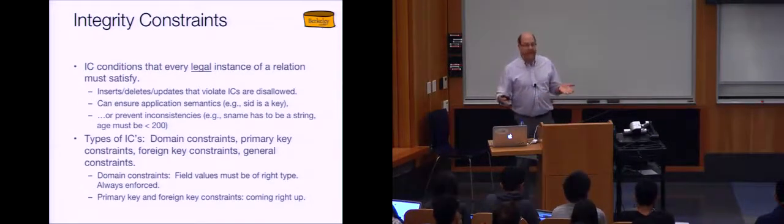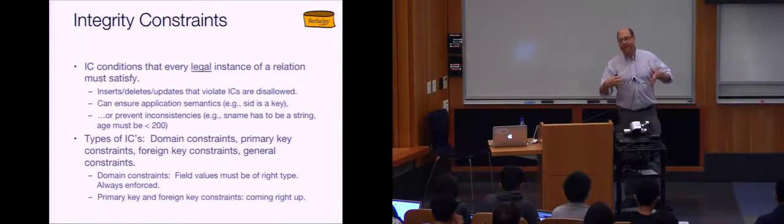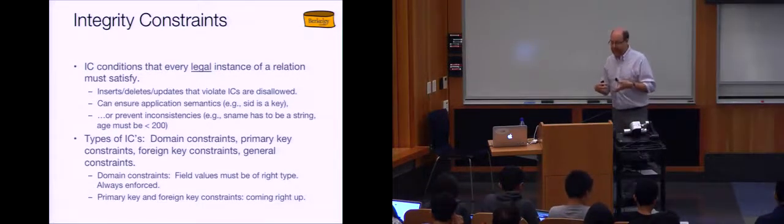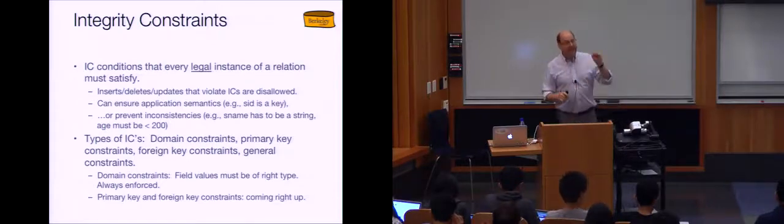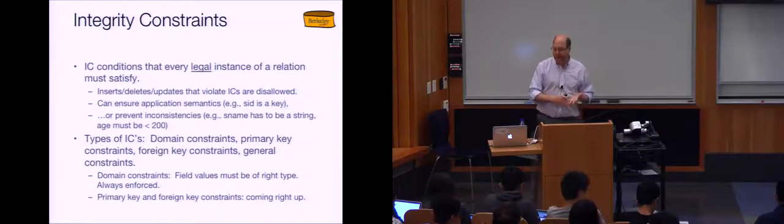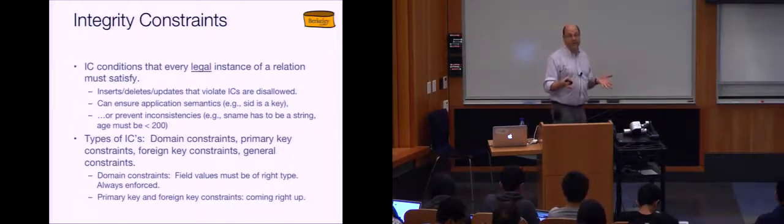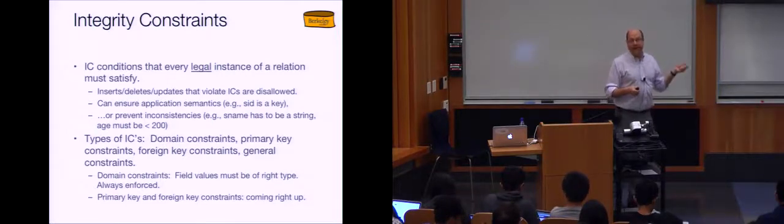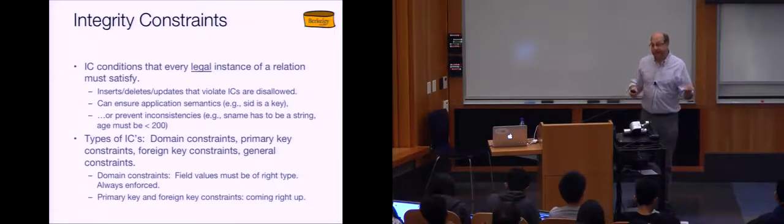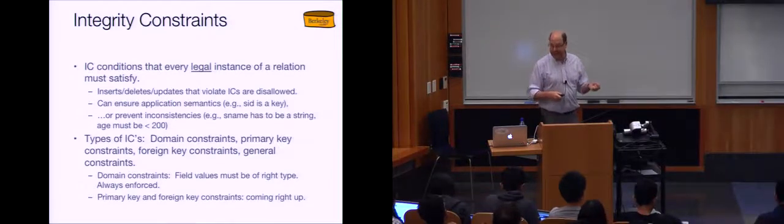Obviously, if you're just querying things, that's not a problem. You can't corrupt the database by querying it in any good database system. So it's really just when you're modifying the database: when you're inserting new records, deleting old records, and updating existing records. The system can check to say, hey, wait a minute, is that update going to violate some constraint? Is that going to cause something that shouldn't be allowed in the database to be in the database?